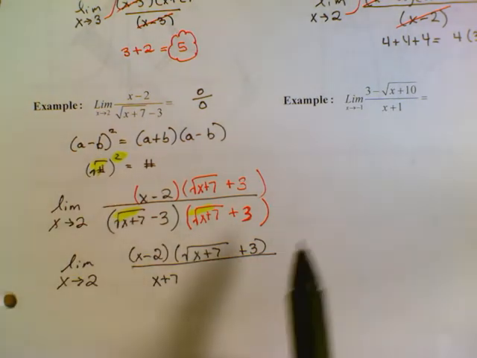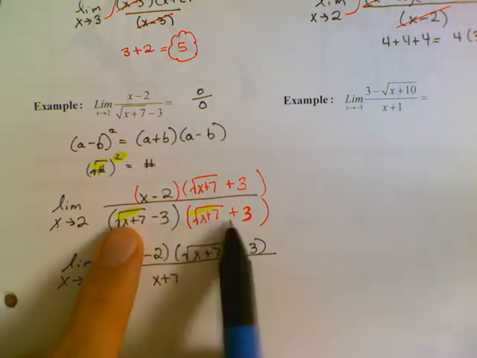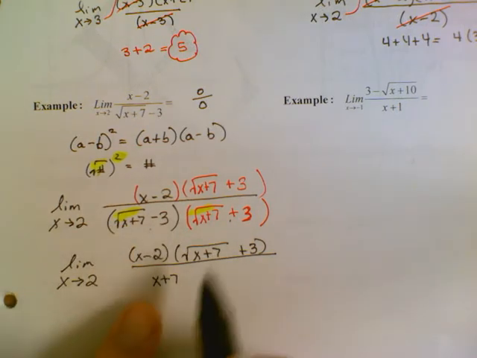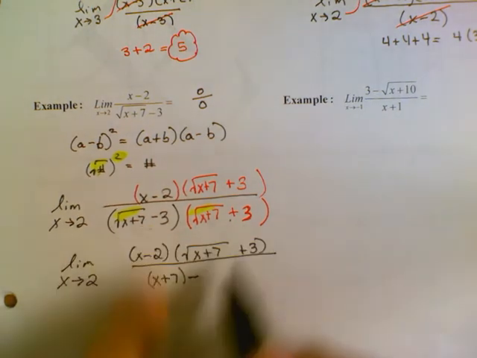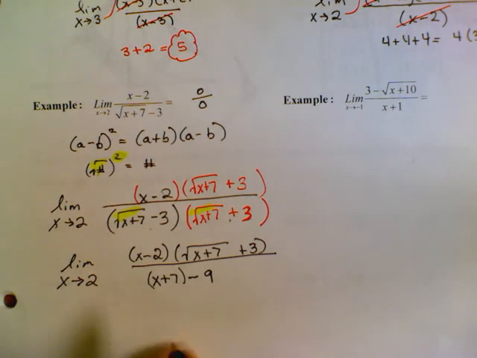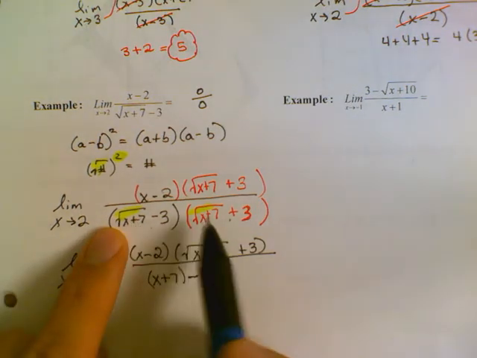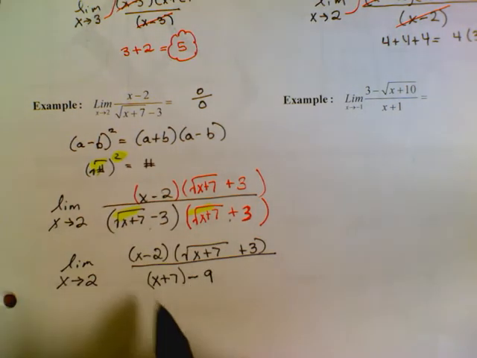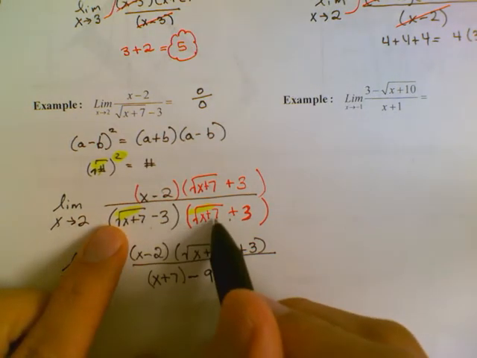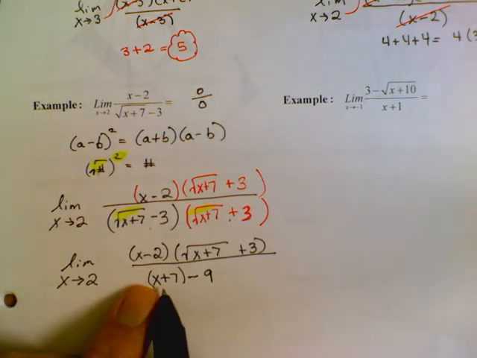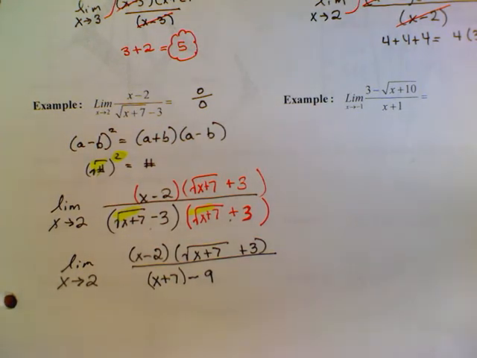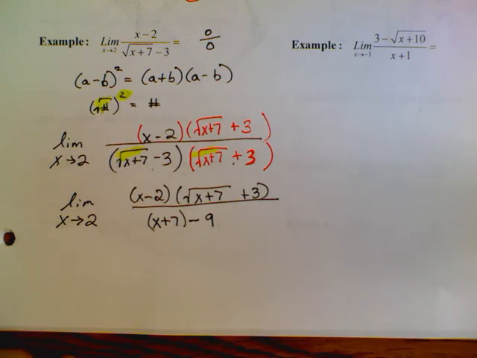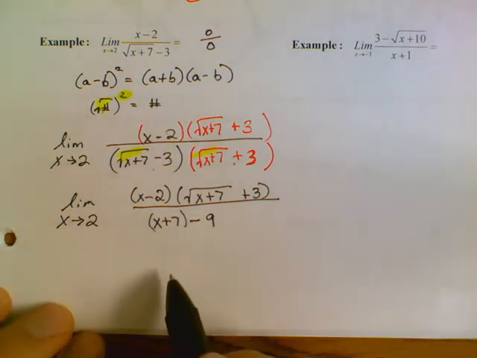So if I'm doing the plus and the minus and multiplying those together, this will be x plus 7 and then minus 9. So I squared the square root of x plus 7, which is just x plus 7, and then 9.